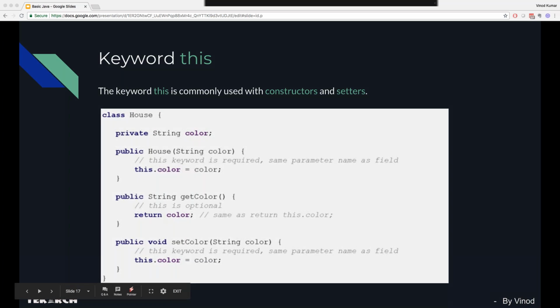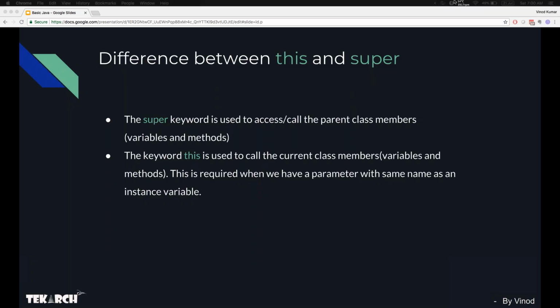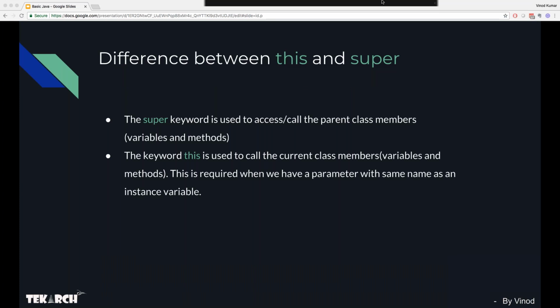So I'm just explaining it here. The super actually represents the super class. When you have a parent, in this case Animal, and a child, in this case Dog: if you want to refer to the Dog instance, you will say this.